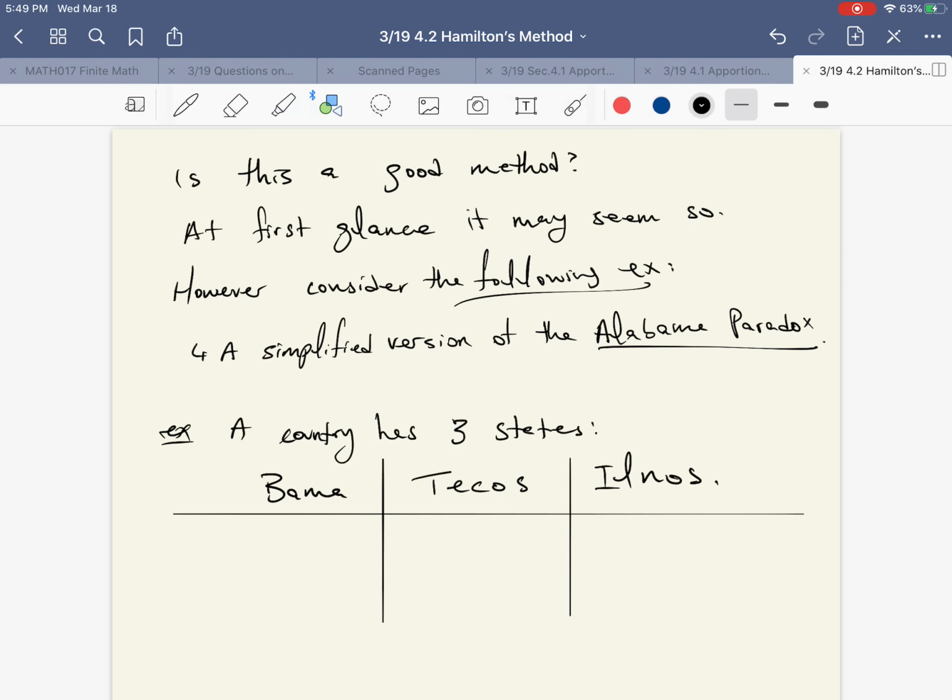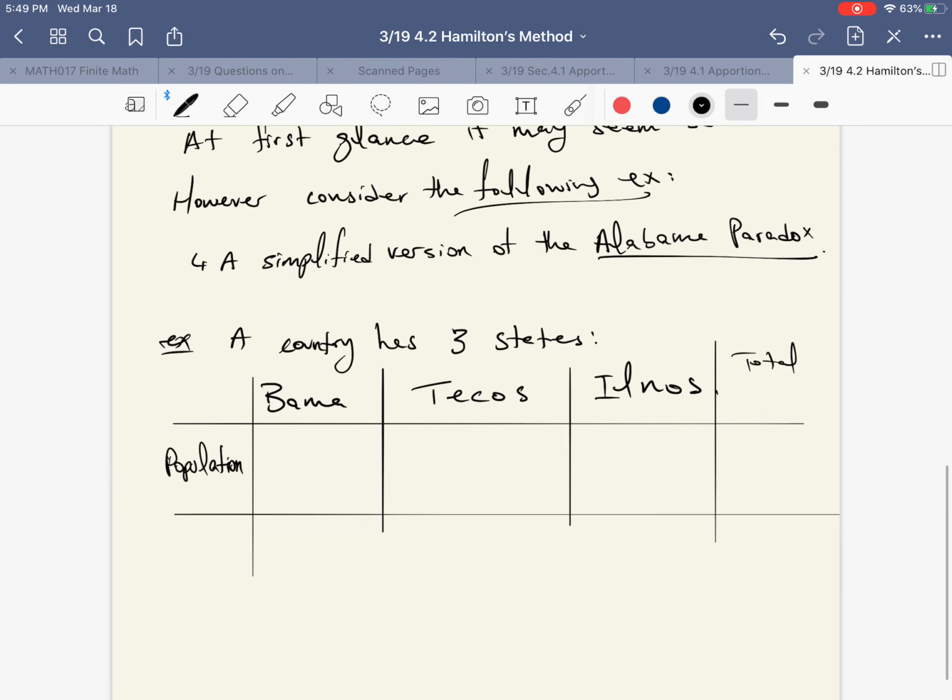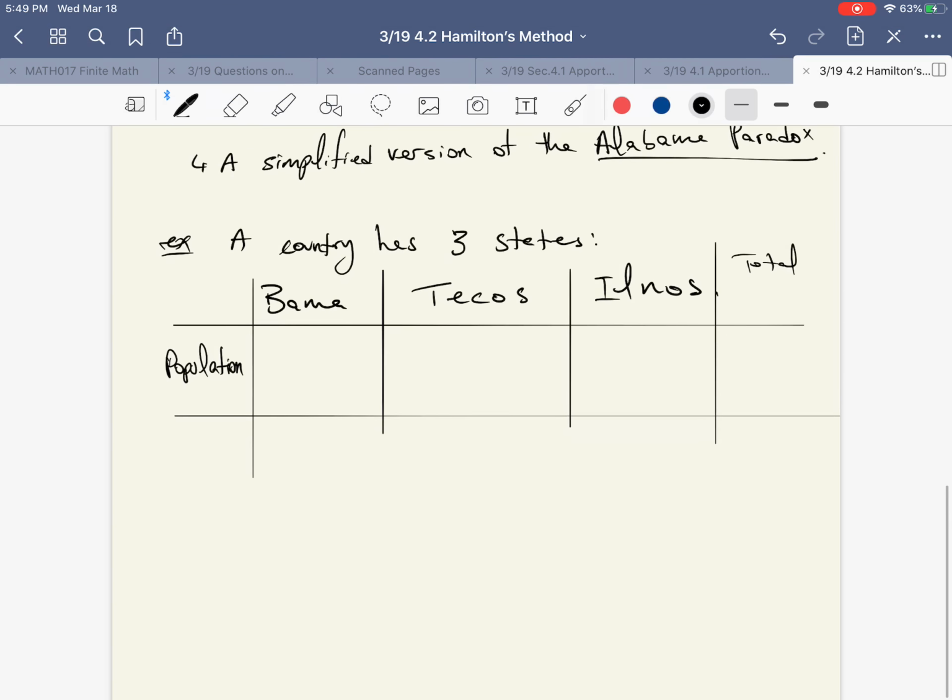So let's write down their populations here. So we have population, and here we'll have a total column. Okay. So population of Bama we're going to say is 9,400.